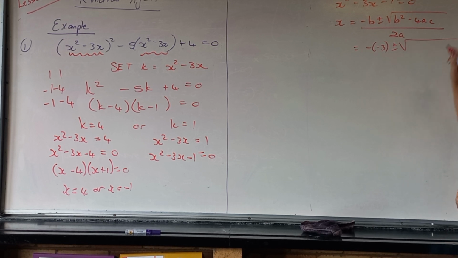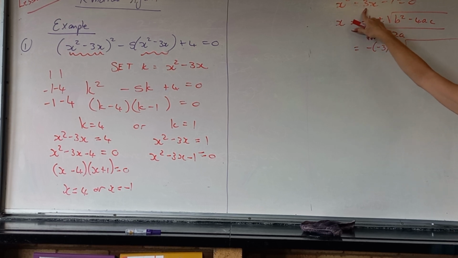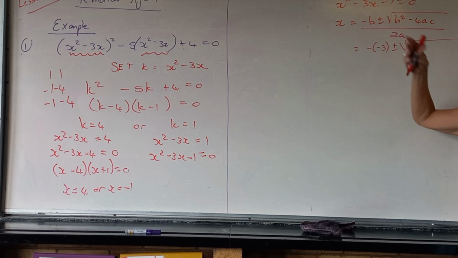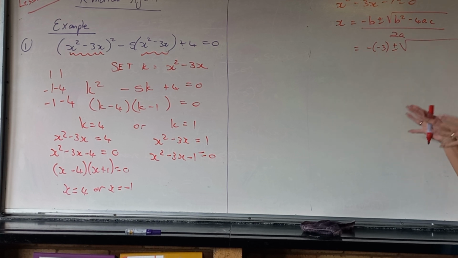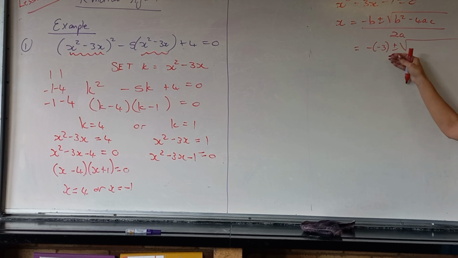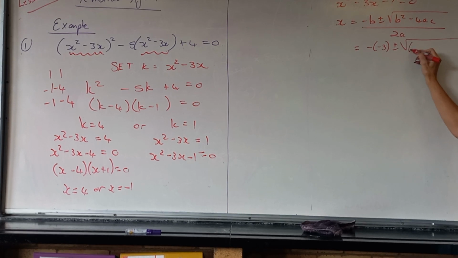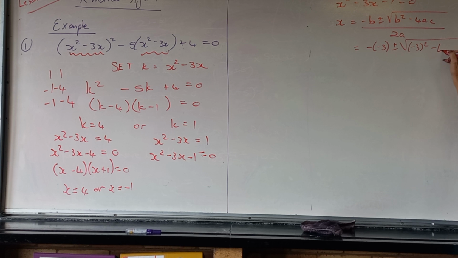Remember, if you've got the new calculator, you would punch that in with a is 1, b is minus 3, c is minus 1, and you would get your answer in the form of a root. But you can't just give me that answer, you've got to show me. Formula, substitution. So negative 3 squared in the place of b.